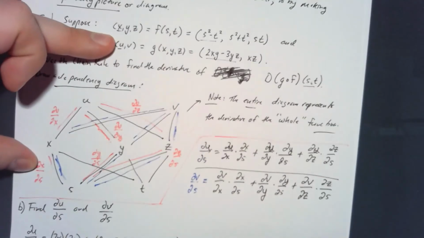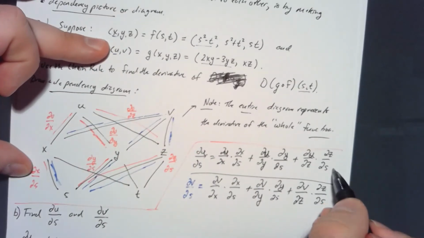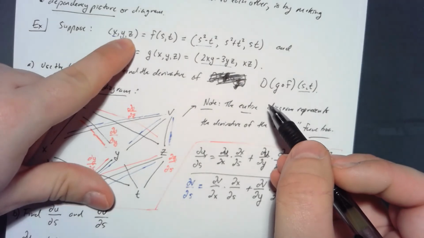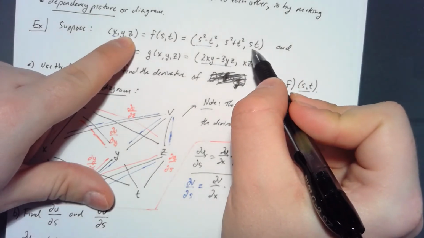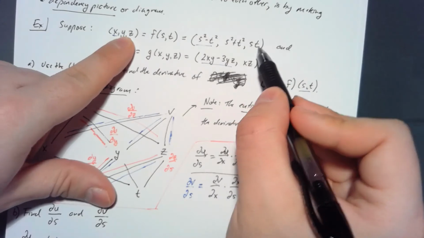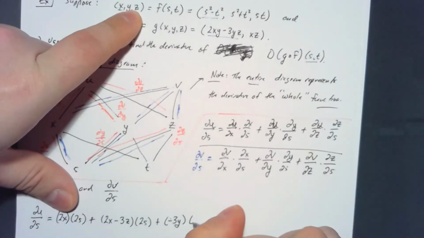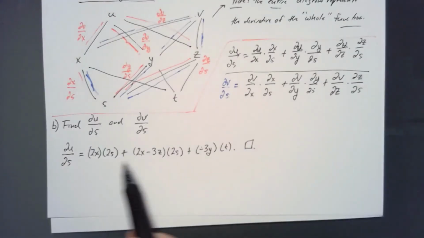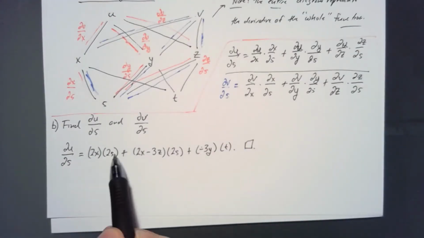And then finally, dz ds. So the derivative of z with respect to s. Well, the derivative of s is 1, so 1 times t is t. And that's it. That right there is the derivative of u with respect to s.